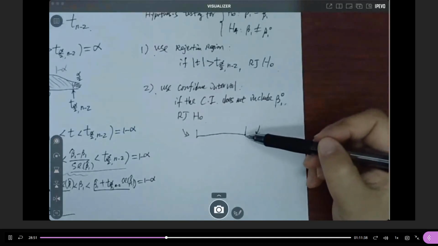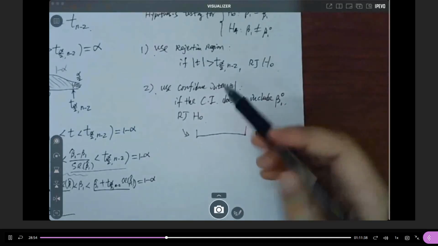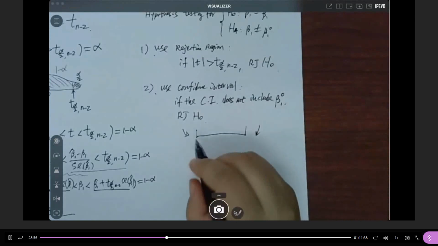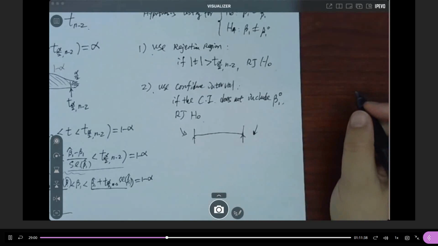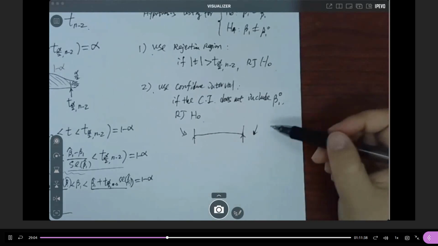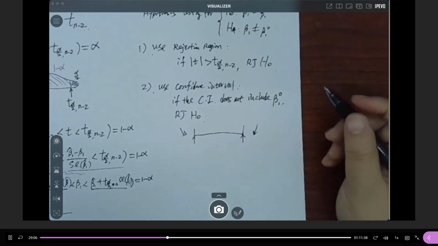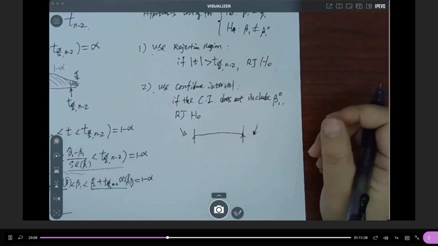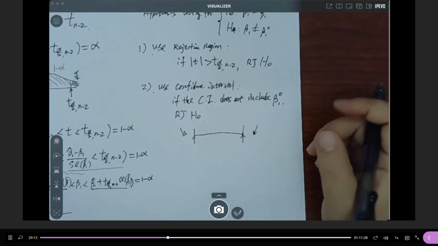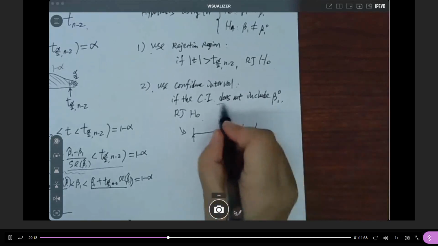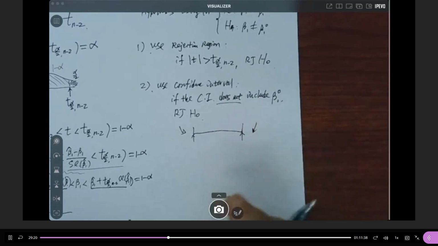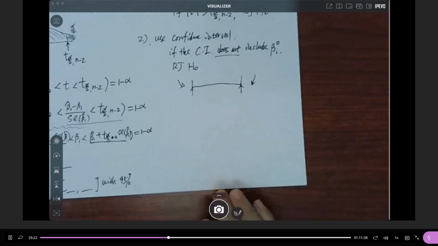So you would expect that if the null is true, then in this region, from lower bound to upper bound, you have 95% chance to include the true population parameter. However, your hypothesis value is not in. That basically means that when you assume the null is true, it's a wrong assumption. That's why you should reject it. If the interval does not include the hypothesis value, you should reject it.